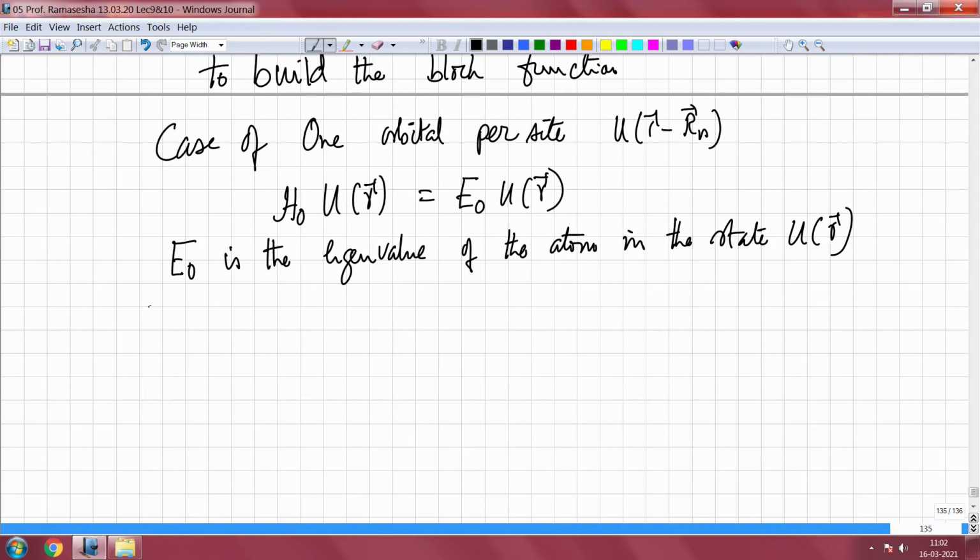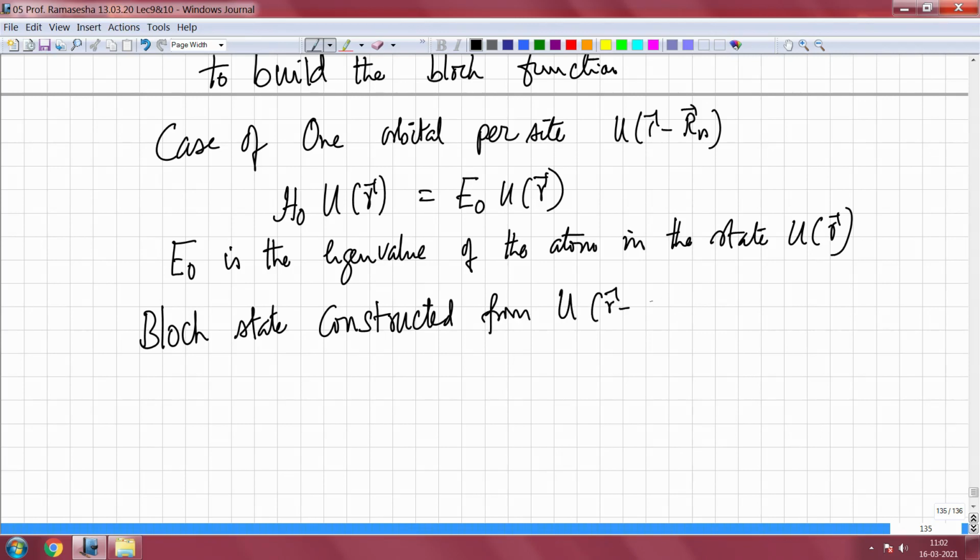So, the Bloch state we can consider is the following: phi k of R is equal to sigma over Rn, all values of Rn.